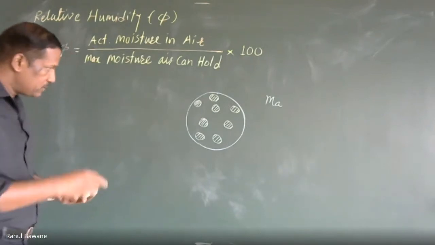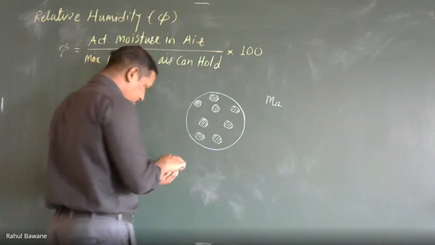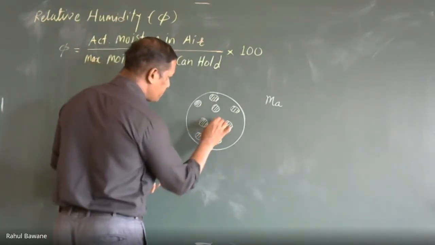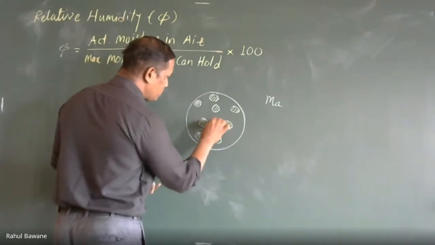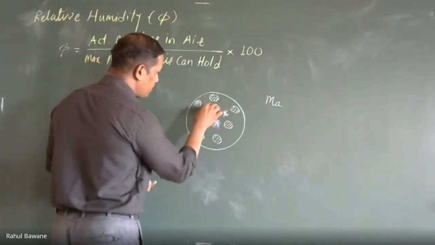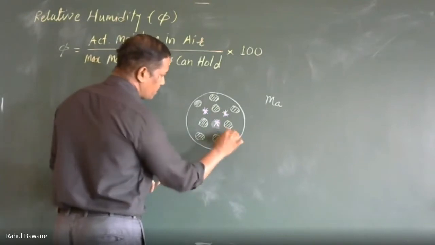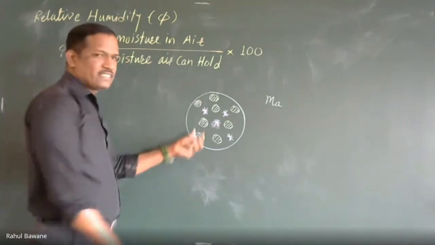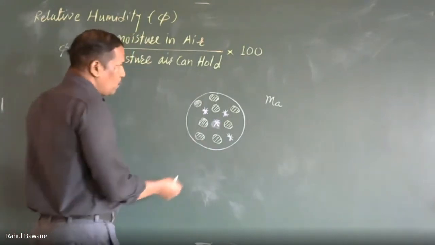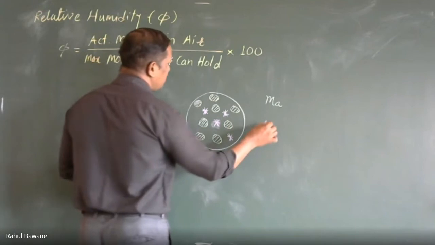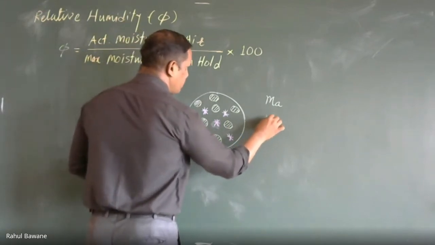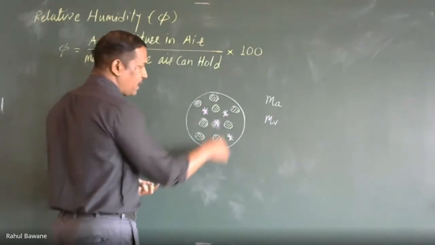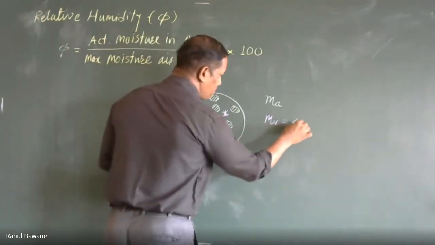Now, suppose I measure the humidity content. So this is water vapor, for the sake of example, to understand the concept. Mass of vapor is shown by stars, it is total count-wise 4.